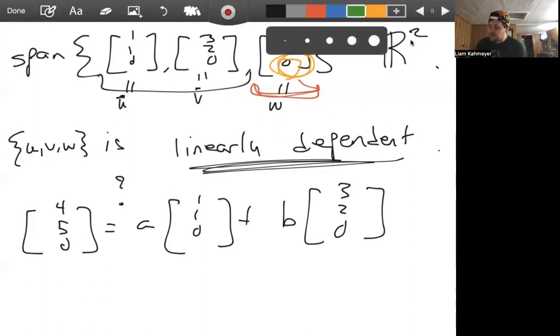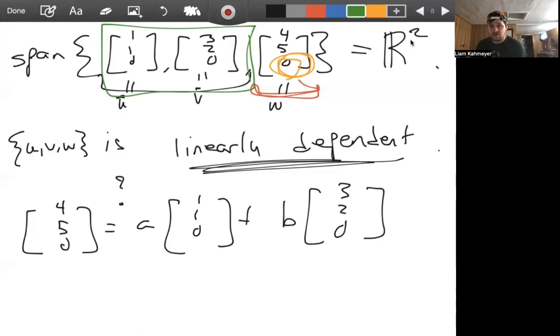Because the span of just the first two vectors here was already R2. And then we added this vector and it did not change the span, right? And since it didn't change the span, it would make sense that that vector, which is a vector inside of R2, should then be in the span of the first two vectors, right?